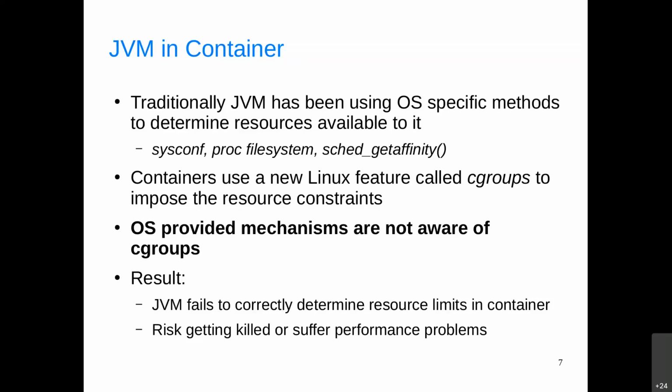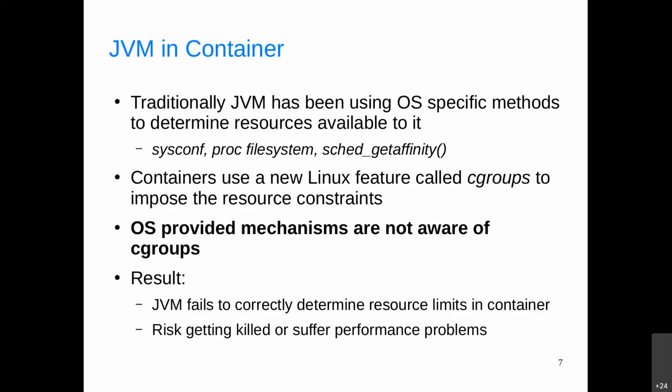And in traditional non-container systems, the JVM can get information about these resources by using OS-specific methods like system calls, sysconf, and sched_getaffinity, or the proc file system.